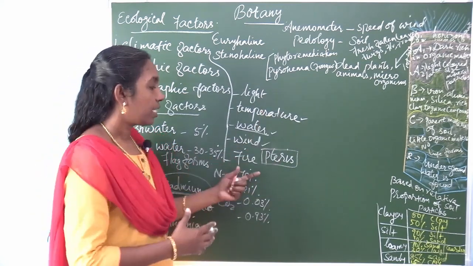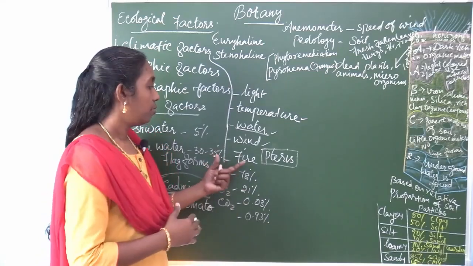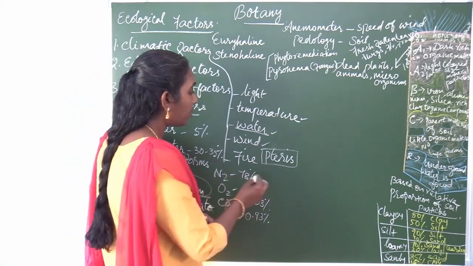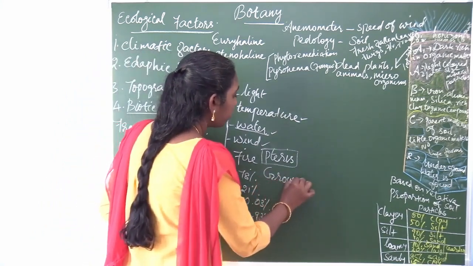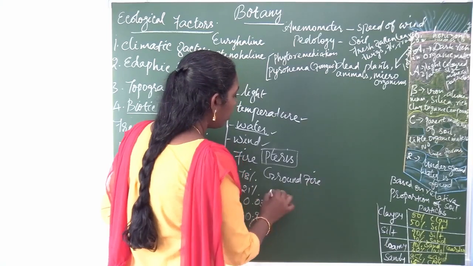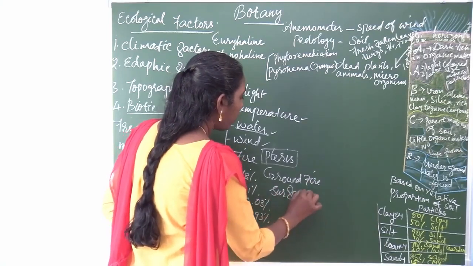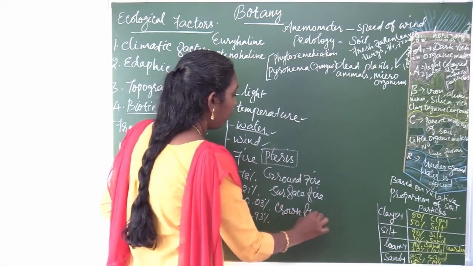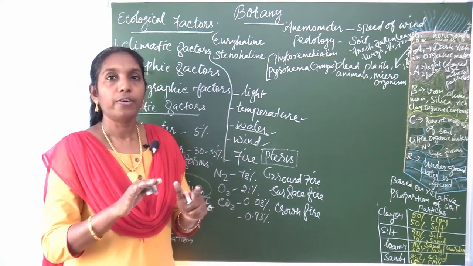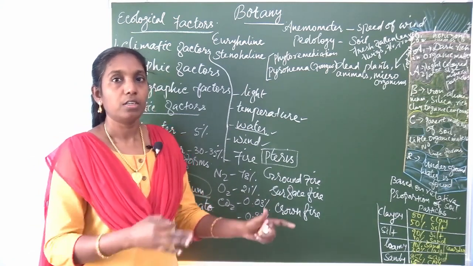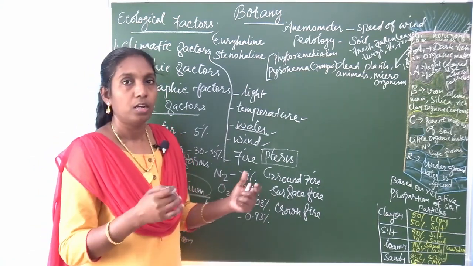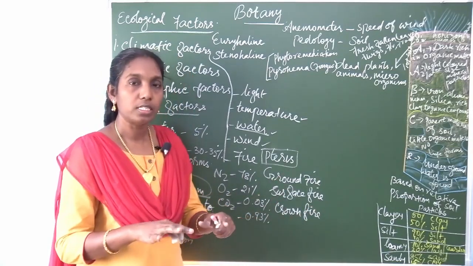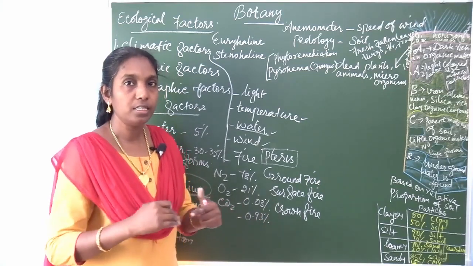Based on the ground surface, fires are classified into three different types: ground fire, surface fire and crown fire. Ground fire is subterranean, so it does not cause a flame. Surface fire destroys the herbs and the shrubs.